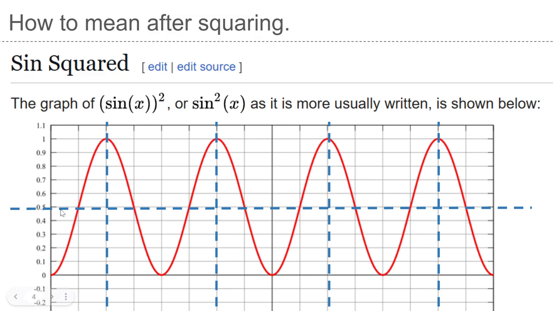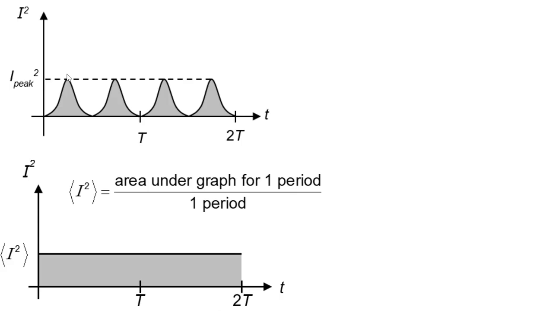If this is 8, what should this value be? 4. If this is 10, what should this value be? 5. Understand? So this value where I cut, assuming it's a sine square graph, is always half the maximum value. Whatever the value of I naught square is, I halve this number and I get this number. Okay, understand?